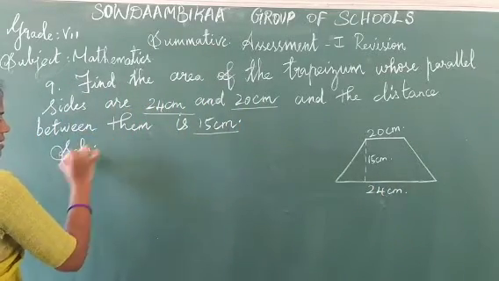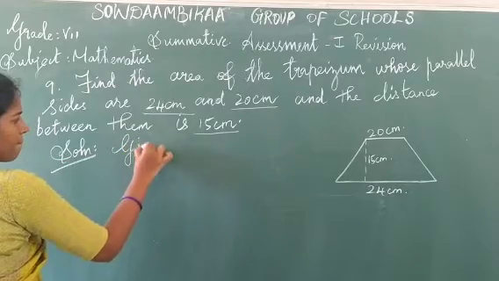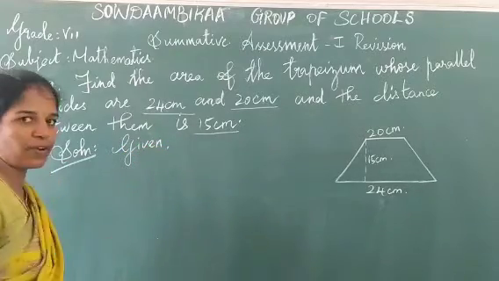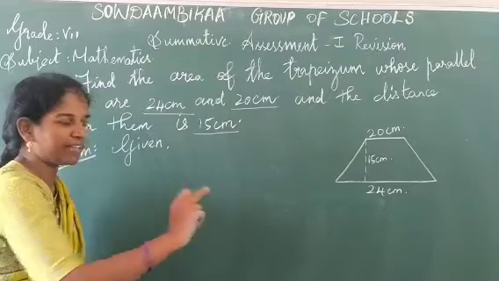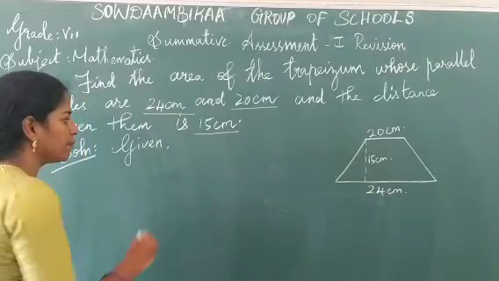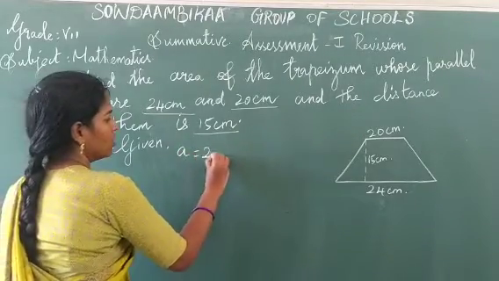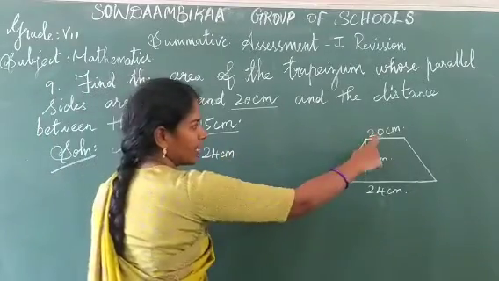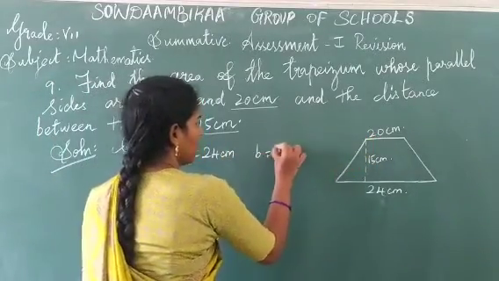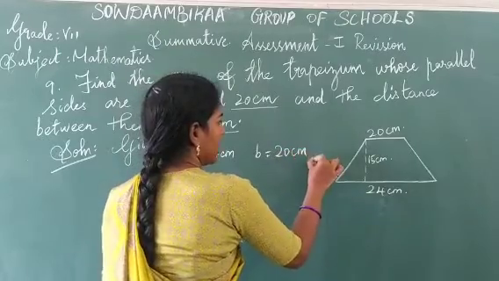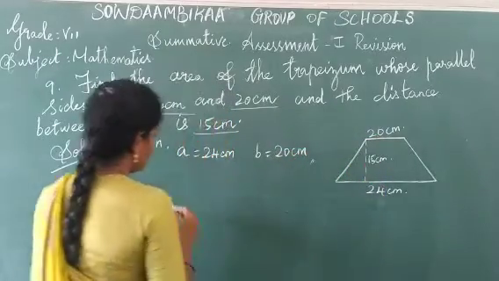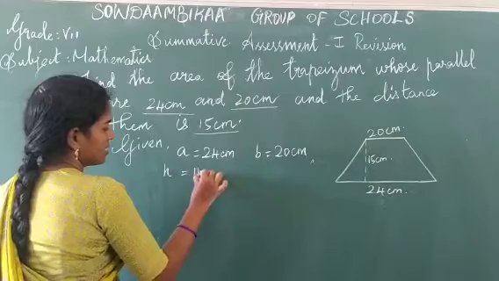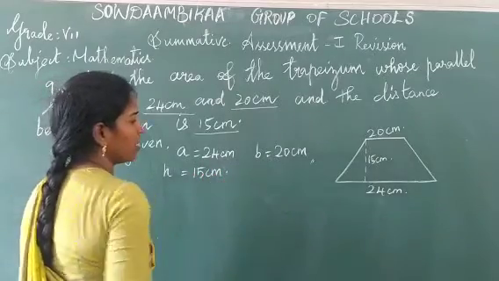Solution. What are the given values here? The parallel sides are given. First side we have to take as A. A equal to 24 centimeter. Another side is B. B equal to 20 centimeter. And the height is equal to 15 centimeter. You know very well the formula.